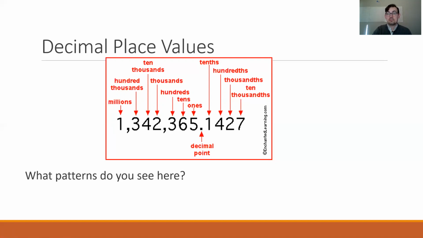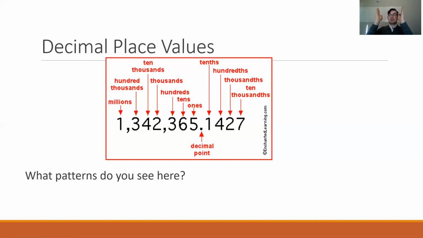All right, so I'm going to tell you the secret. The pattern is, if you look here at 1, as you go this way, you have tens, and you also have tenths. You have hundreds, and you also have hundredths. You have thousands, and you have thousandths. You see how there's a pattern? If 1 is right here in the middle, as we go this way we get bigger, and as we go this way we get smaller.